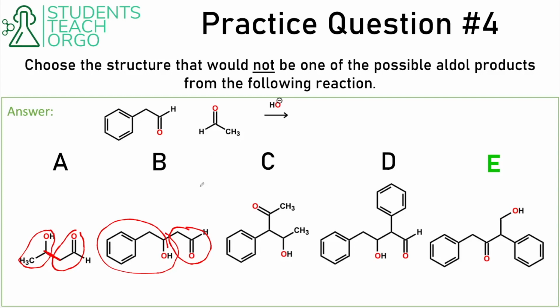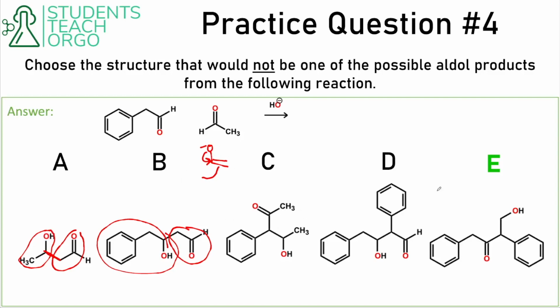So both A and B came from the same enolate. When we turned this into an enolate, we got something that looked like this. And then that enolate, the electrons came down, this double bond attacked, and in A, it attacked that carbonyl carbon, and in B, it attacked that carbonyl carbon. I hope that you guys could see how A and B would come from this enolate.